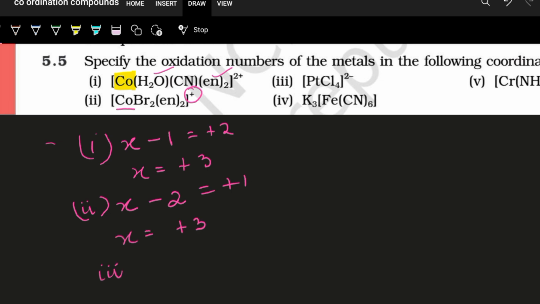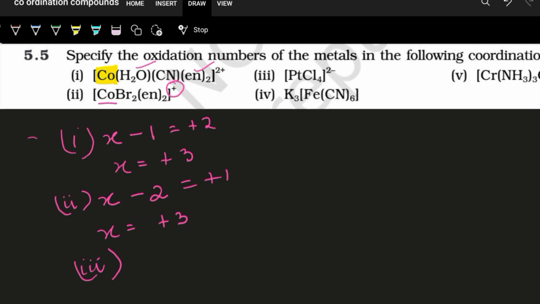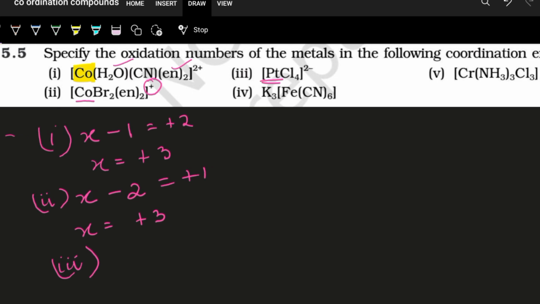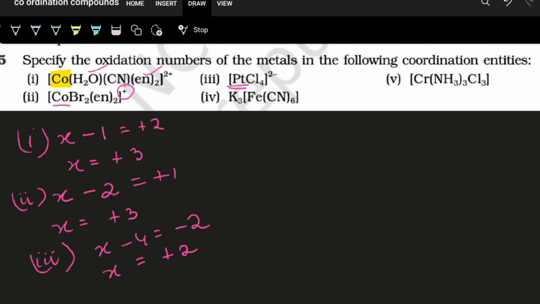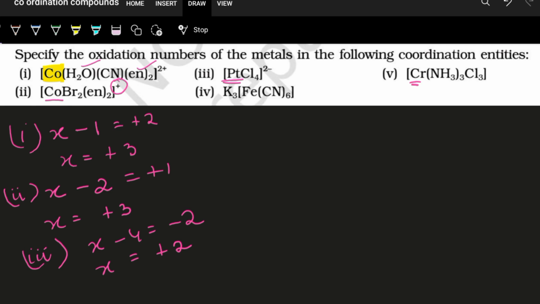Third one, it says PtCl4. If I consider Pt to be X, for 4 Cl, -4, equal to -2, X is equal to +2. Fourth one: potassium is ionizable, but iron is non-ionizable, and oxidation number means that of iron.